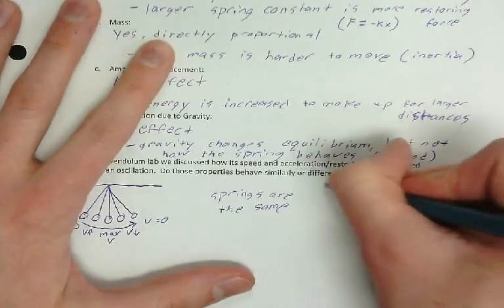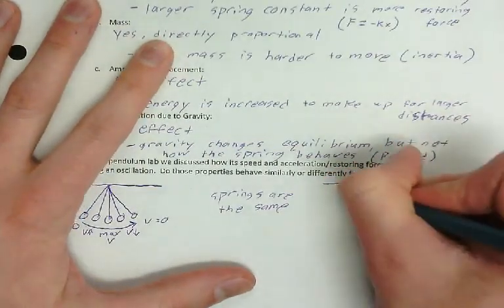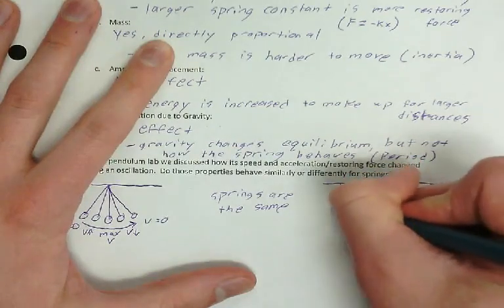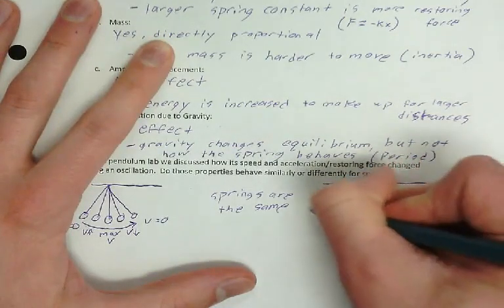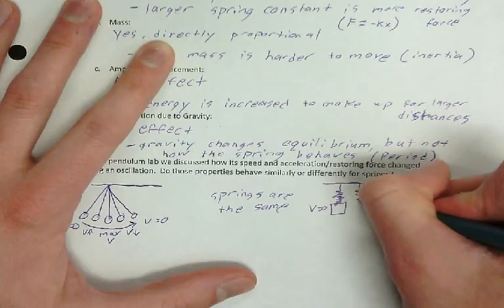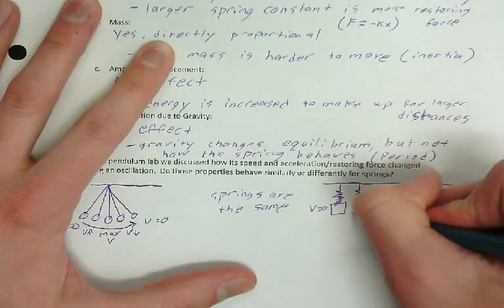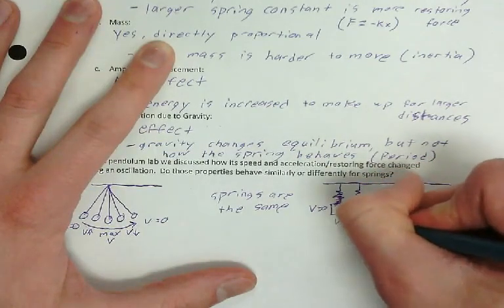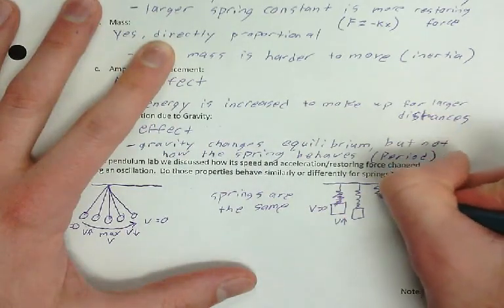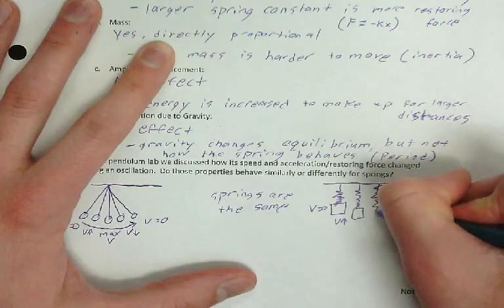If you have a spring and it starts its motion compressed, that would be the maximum amplitude point. That would be a velocity of 0. Then it's going to stretch out a little bit. At that point, the velocity is increasing. It's getting faster. Then it gets to equilibrium.